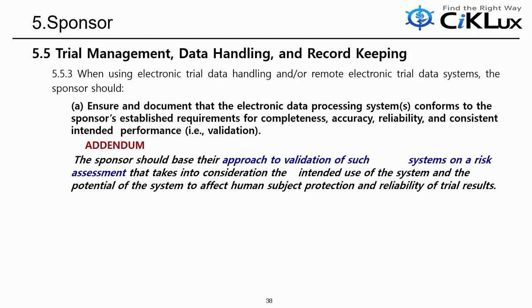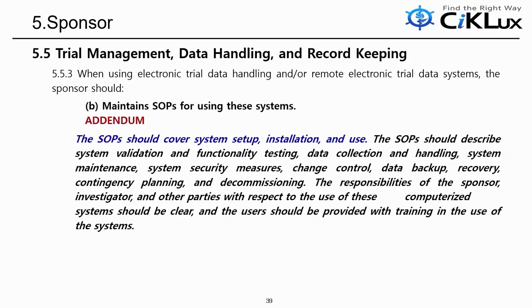And for the trial management, data handling and record keeping, the risk analysis for the system needs to be conducted. And if there is a risk, then that should be managed more. And SOP is required. The system SOP should cover not just the use of the system, but also the system setup, installation, and use.